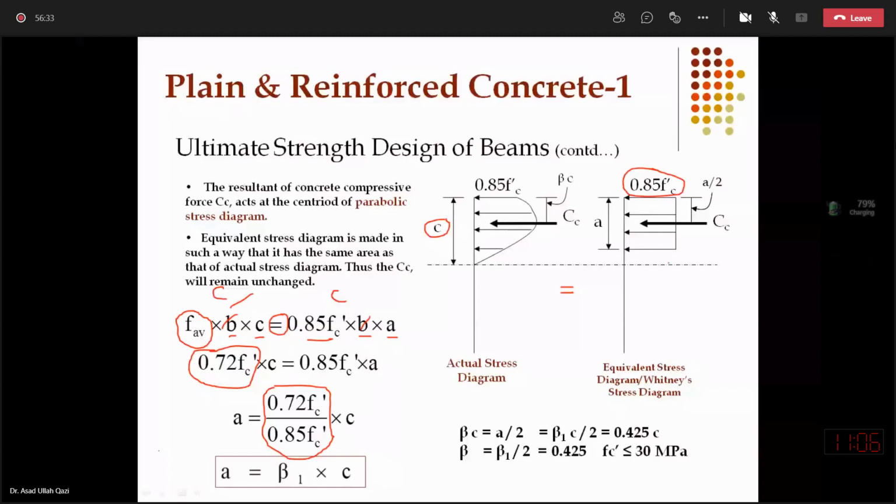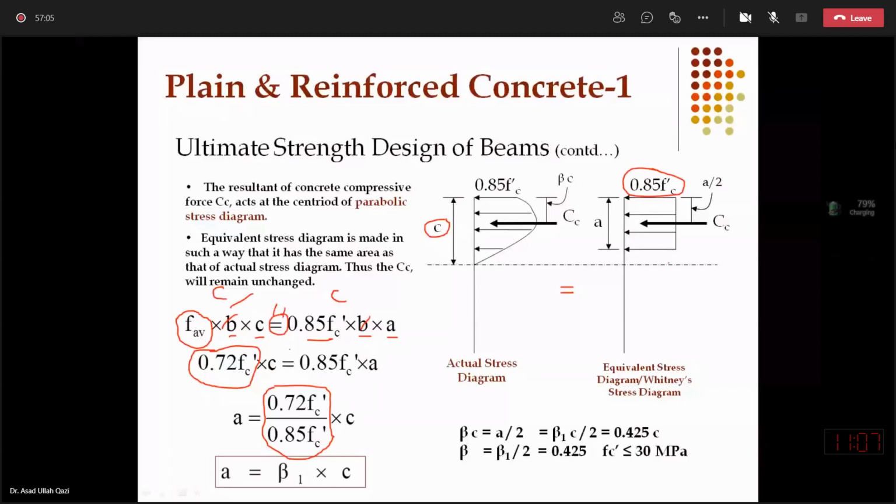So this relationship has the dependence on FC prime. If I change the FC prime above 30 megapascal, this beta 1 will change. But still this equation will remain valid, A is equal to beta 1 C. I can change beta 1 and still this equality will be maintained and both answers will be equal.